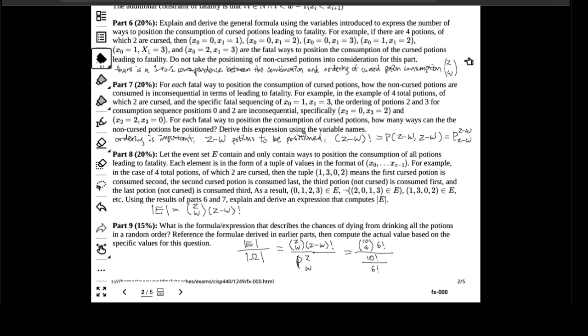So there are other ways to simplify this too. With the numerator, it is 10 factorial divided by 4 factorial times 6 factorial, and the whole thing times 6 factorial. These two cancel out. Divided by 10 factorial divided by 6 factorial.